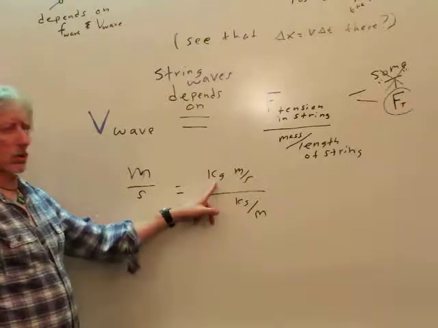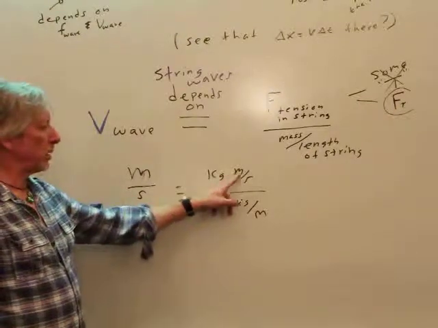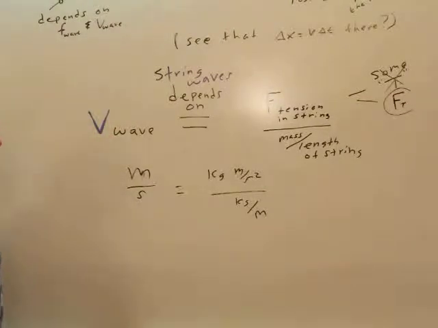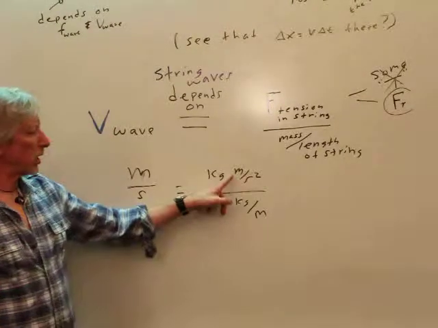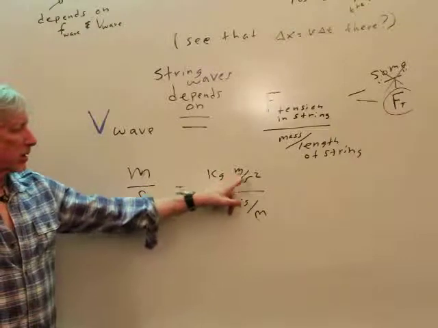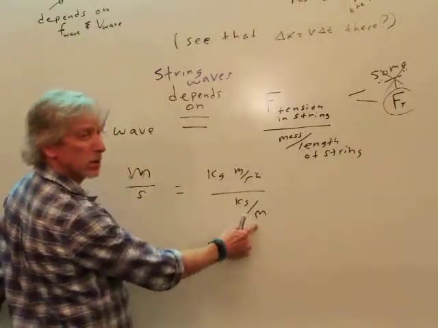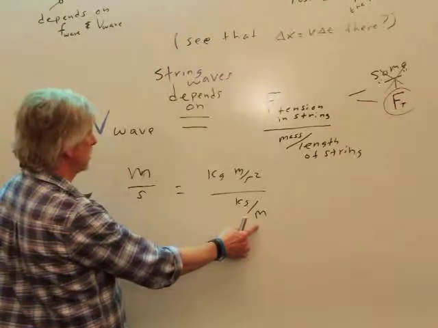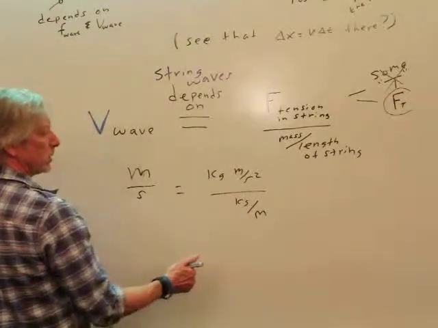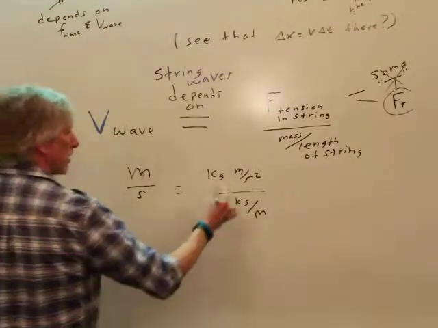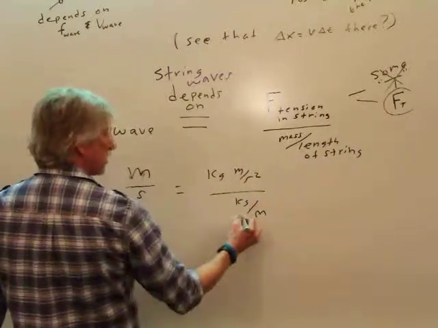Wait a minute, kilogram meter per, that's meter per second squared, isn't it? Force is in kilogram mass times, okay, that looks good. And this is mass per length. Does that look good? All right, cool.